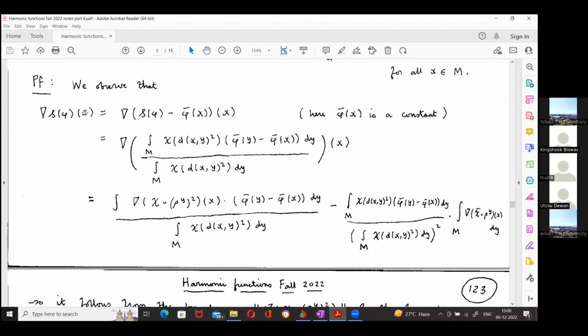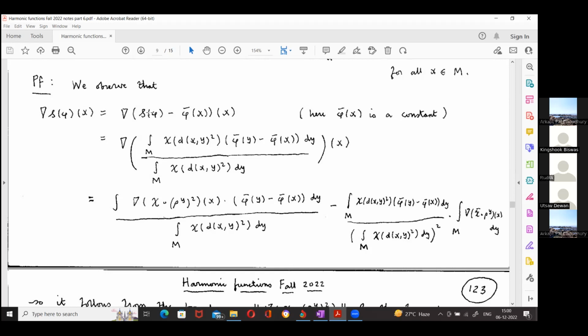So let's look at the gradient of S phi at a point x. Since we're looking at the gradient, we can subtract a constant from the function without changing its gradient. So this gradient is the same as the gradient of S phi minus phi bar of x. Phi bar of x is just a constant here.